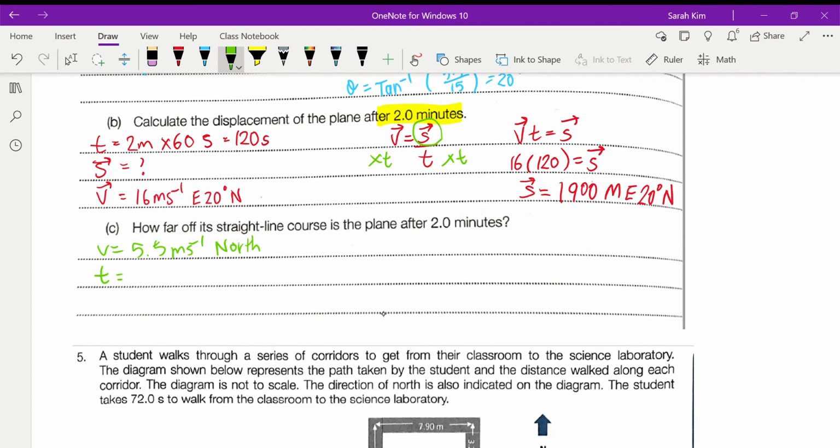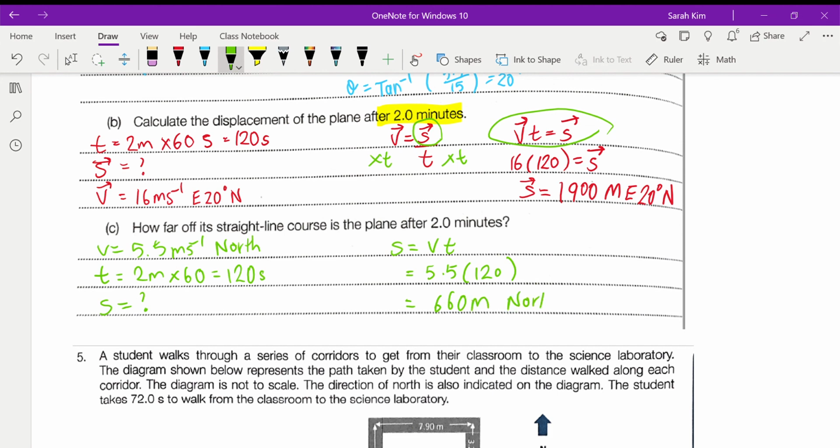Time is 2 minutes, which is 120 seconds. So my displacement is what I want to find, which, again, it's over here. I've already rearranged it. So 5.5 times 120, which is 660 meters north.